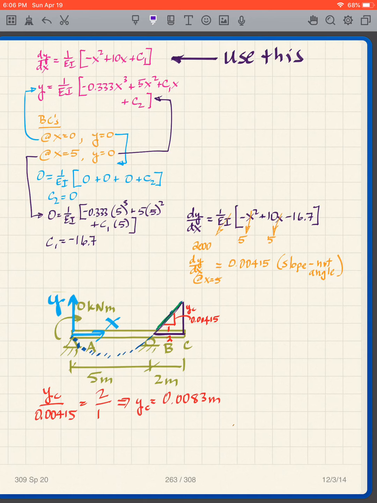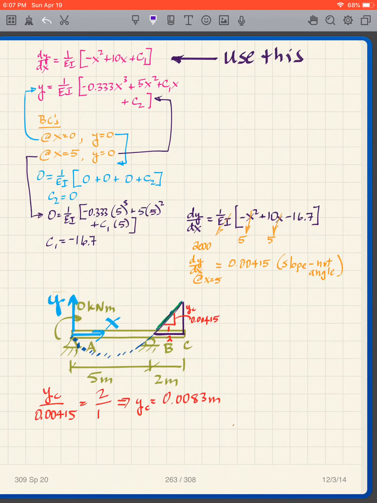So plugging everything in, I get dy dx at x equals 5 is 0.00415. And notice that's a slope, not an angle. So it's a slope, and what we're going to do is create this triangle here. We have similar triangles. I've got the inner triangle, which shows the slope. I have the outer triangle for my beam. And what do I see?